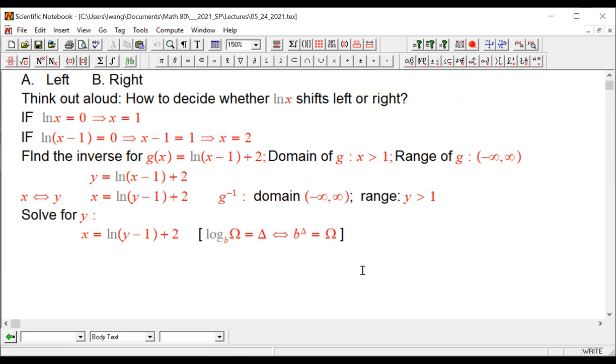And of course, B needs to be greater than 0, not equal to 1. Never forget that. I keep mentioning this because that's in my mental note and it should be in yours as well. Can we apply this definition? You need a logarithm on one side by itself. So we're going to subtract 2 from both sides.